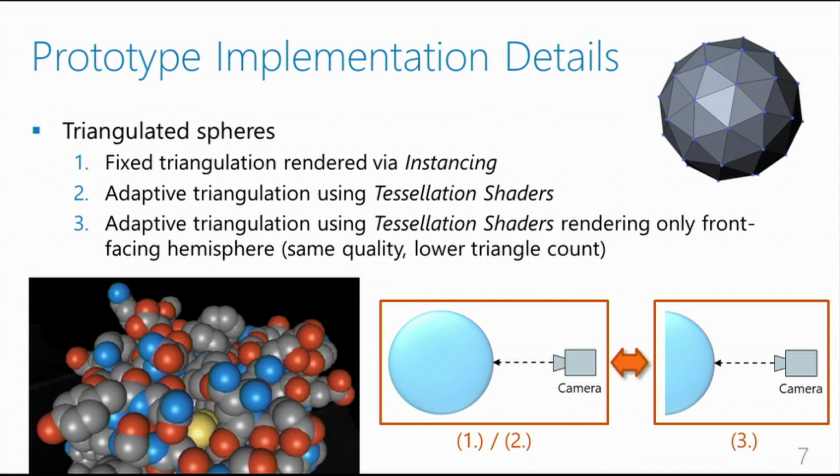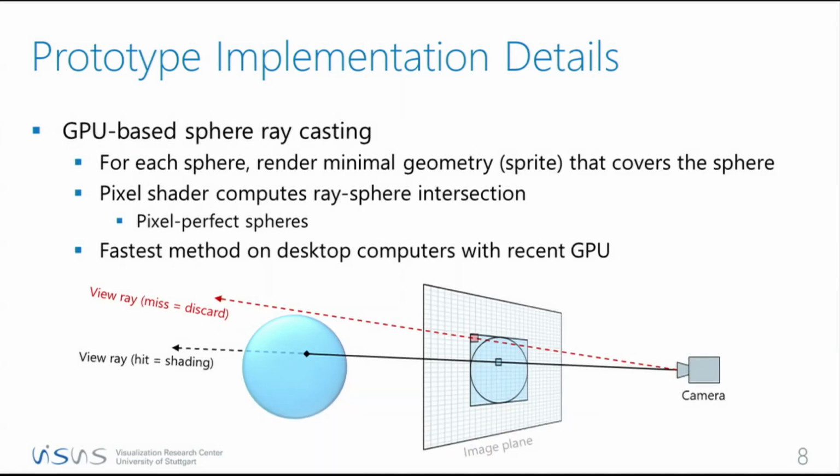Now on modern GPUs, you can also do a different rendering, without explicitly rendering triangles, using what's called GPU-based raycasting. You can see the general idea in this sketch. Instead of tessellating the spheres into triangles, you just render a small, minimal geometry, a sprite, so to say, that covers the whole sphere.